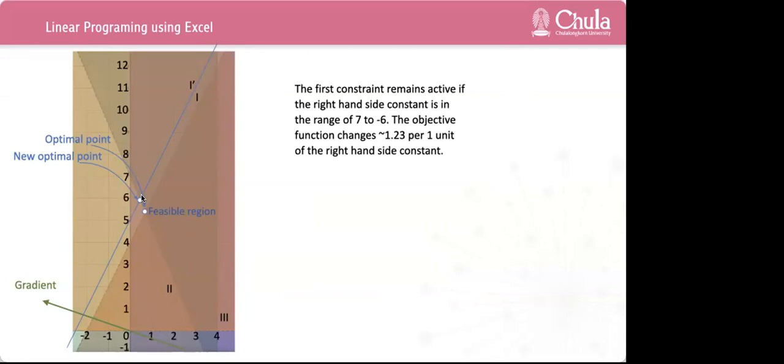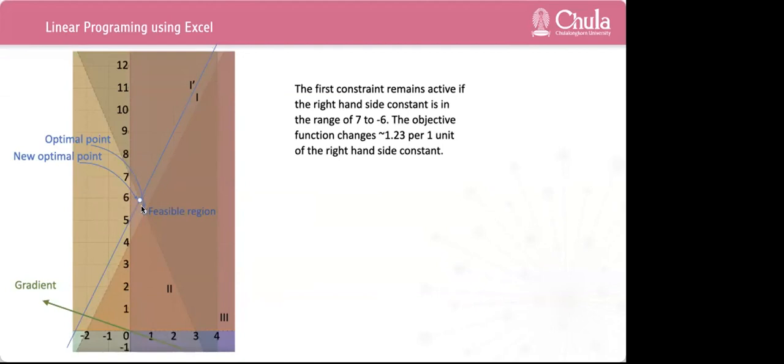By changing the right hand side you move the constraint a little bit, and the new constraint is still parallel to the original one.